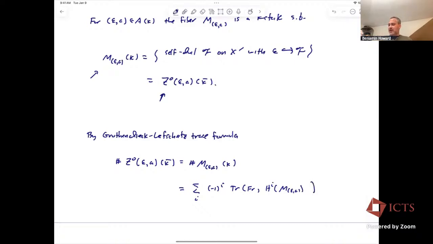Okay. Where my cohomology has coefficients in Q_l, and I'm being sloppy because this Hitchin fiber is a k-stack, but when I take cohomology, I mean the cohomology after you base change to k-bar.